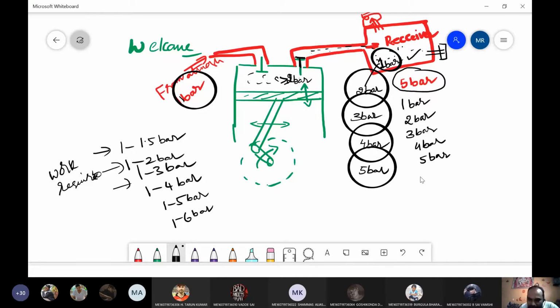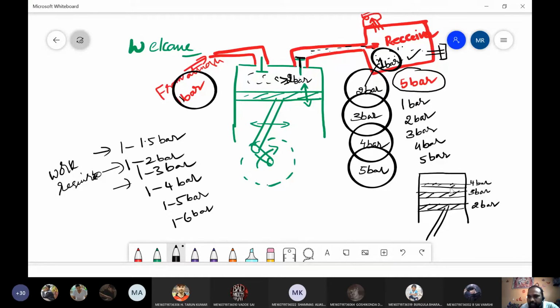Right. Now, up to 5 bar, we can use single stage. Let us say, during the compression stroke, if this is the position of the piston, the air is compressed to 2 bar. This is the return stroke of the piston. At this position of the piston, it is 3 bar, and now this is 4 bar.